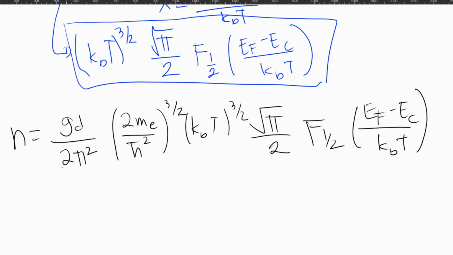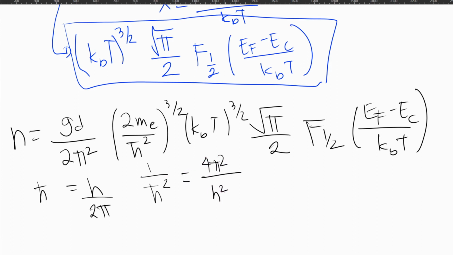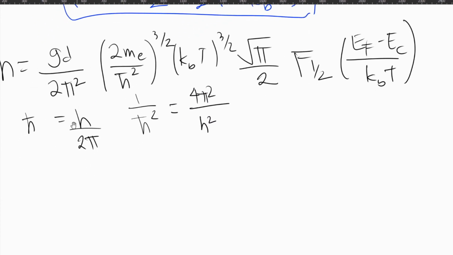Then we can express h bar squared, or h bar is equal to h over 2 pi para lang magkaroon tayo ng cancellations at maging 3/2 yung something. Or 1 over h bar squared is equal to 4 pi squared over h squared. Then we'll get our concentration of our electrons.